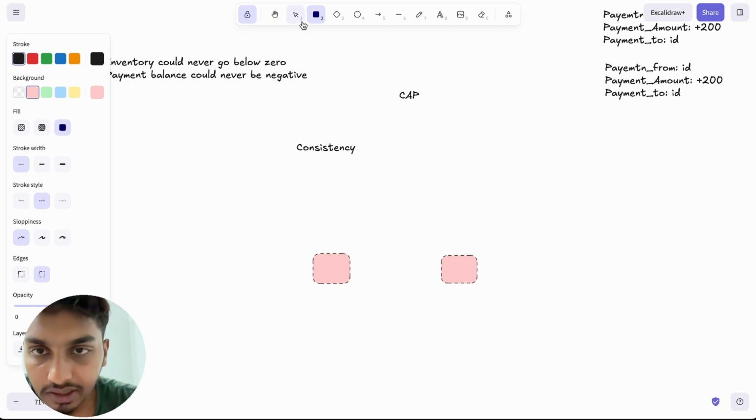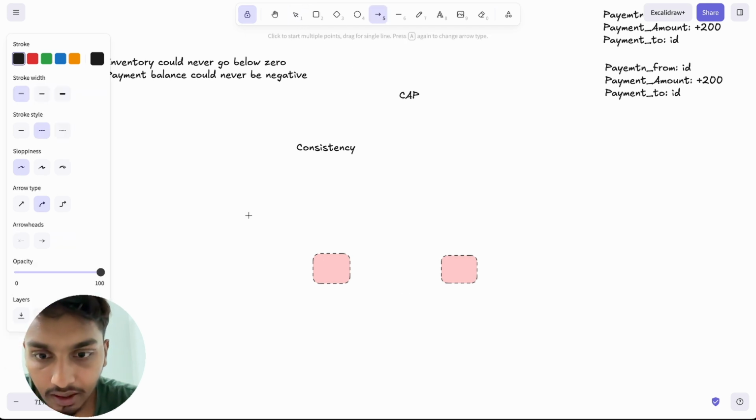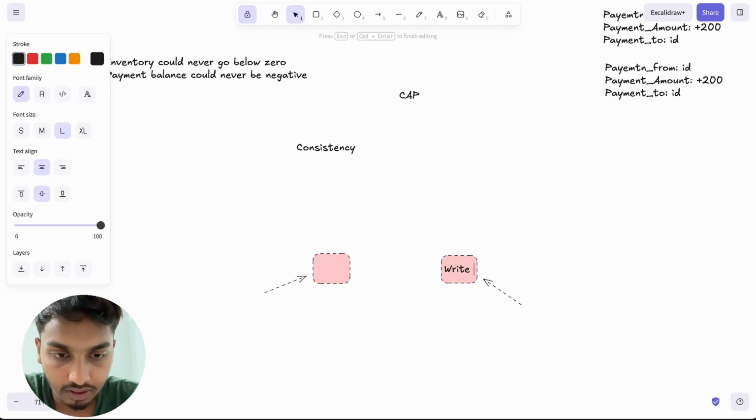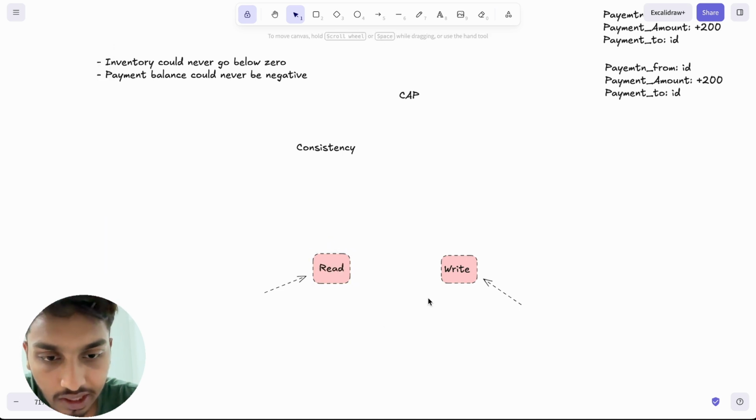So here consistency means that if one transaction is trying to read the payment balance while the other is trying to write the payment balance in the write replica, then if the write is committed, it should be read instantly by the other transaction that is trying to read from a different server.